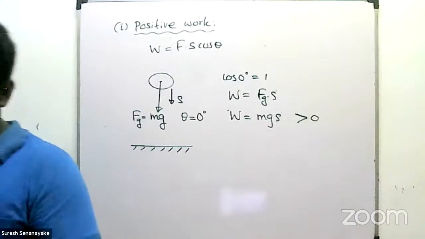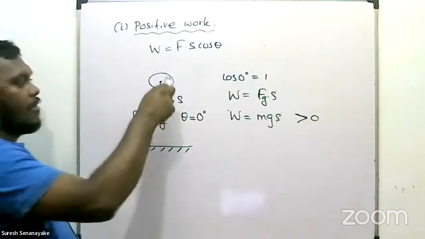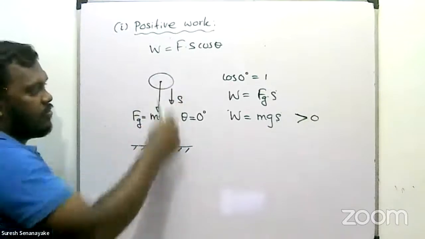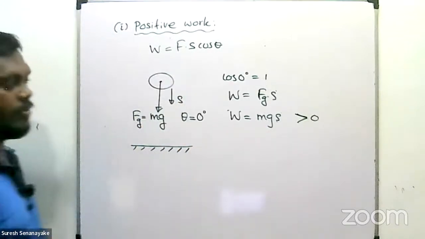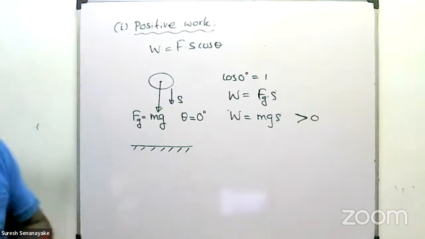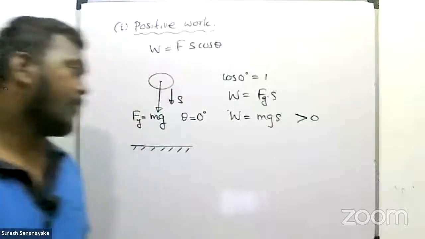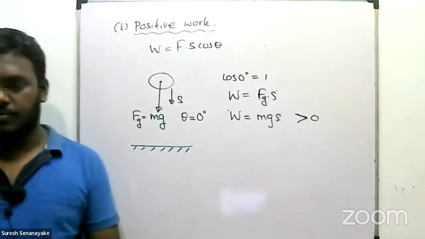Displacement from here to here, when it is moving, the work done equals mgs. This gravitational force does positive work on the body.